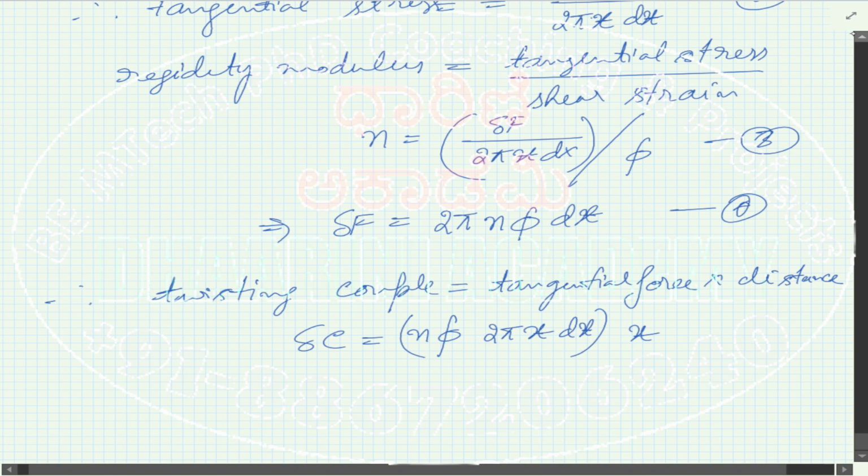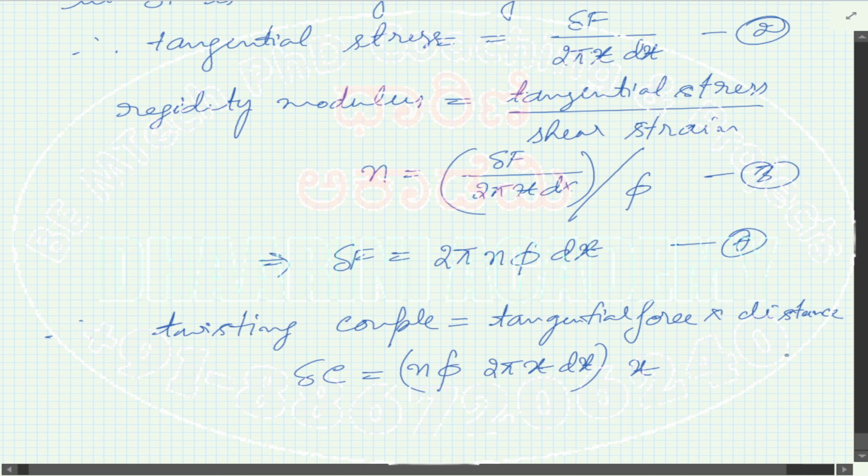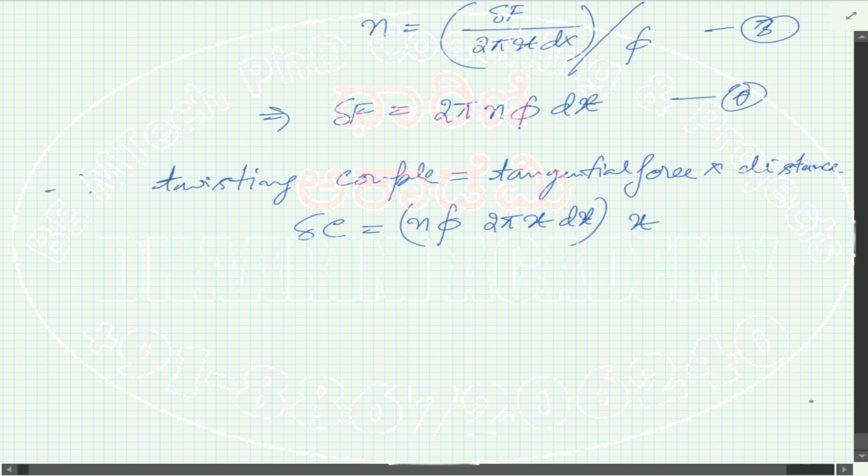You can see equation number 1 gives the value of phi, so I will substitute the value of phi from that equation. Delta C is equal to 2 pi n into theta by L, which is phi, so 2 pi n theta divided by L into x cube dx.